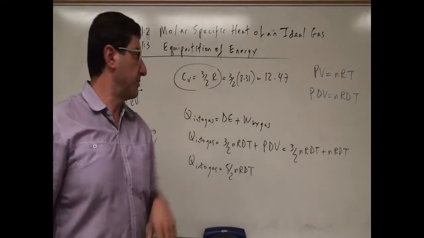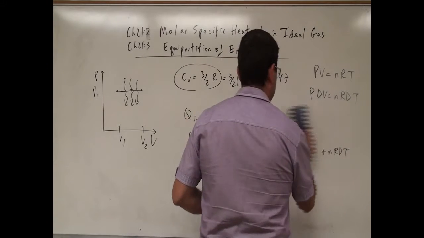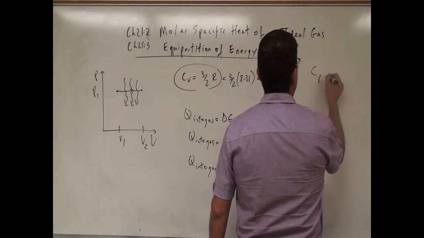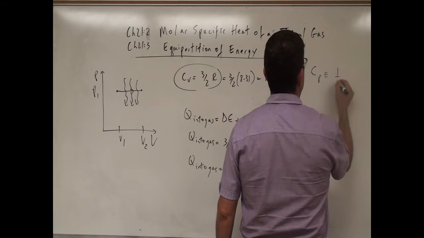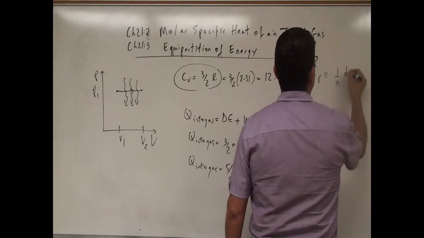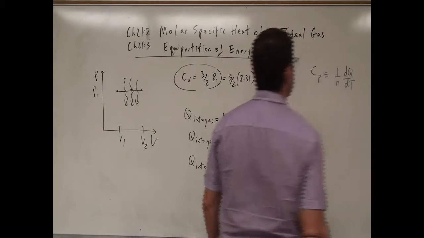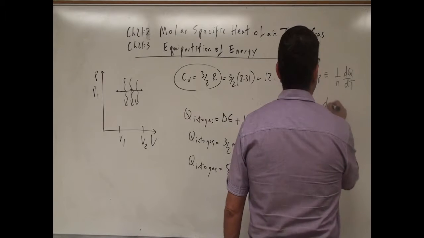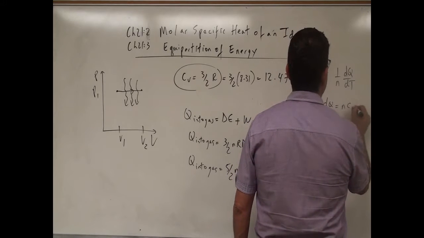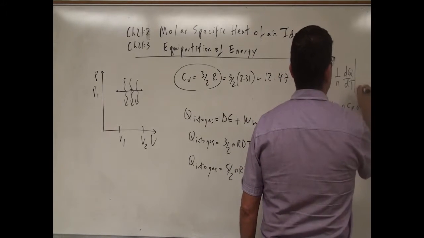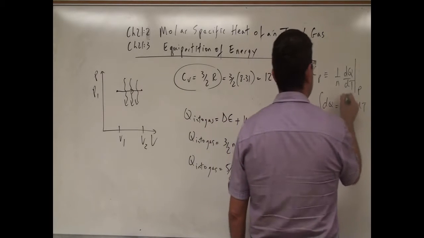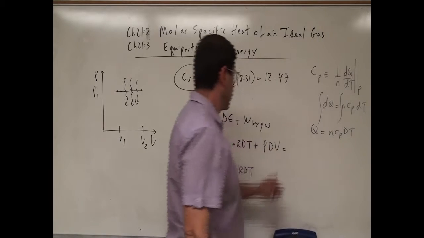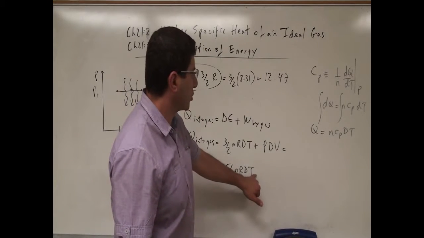Then we can do the same thing that we did before. Then remember the definition of Cp was equal to 1 over n dQ/dT, right? And then we can do same thing. We can say dQ is equal to nCp dT. This is while holding the pressure constant, right? And then we can integrate that, and we have Q is equal to nCp delta T. Then I can equate that to this.